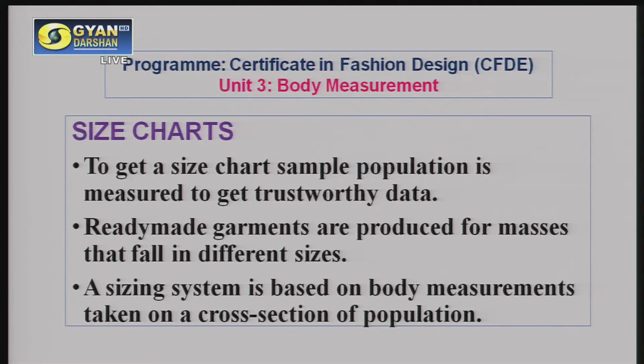A sizing system is based on body measurements taken on a cross section of the population. So it is taken from a sample of the population. On the basis of that, the size chart is developed, and on the basis of that we develop the standard patterns.